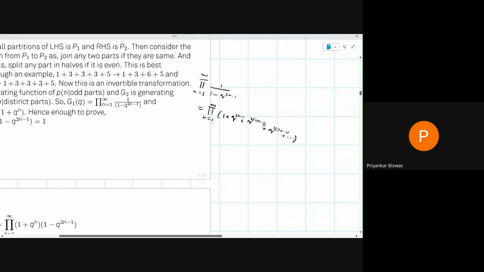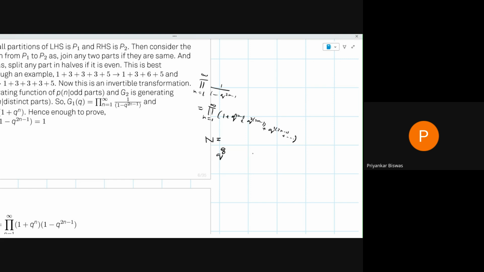And say if we want the coefficient of capital N, we can get the number of ways you can represent N as a sum of odd parts, which may not be distinct. Say you want the coefficient of q power 8.